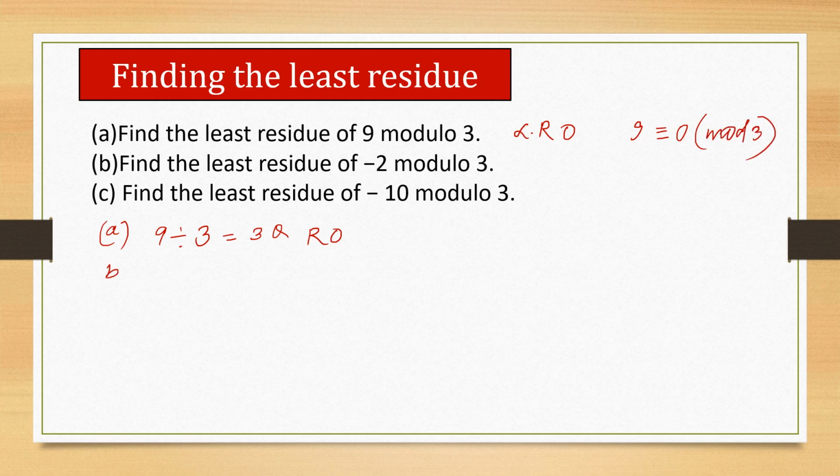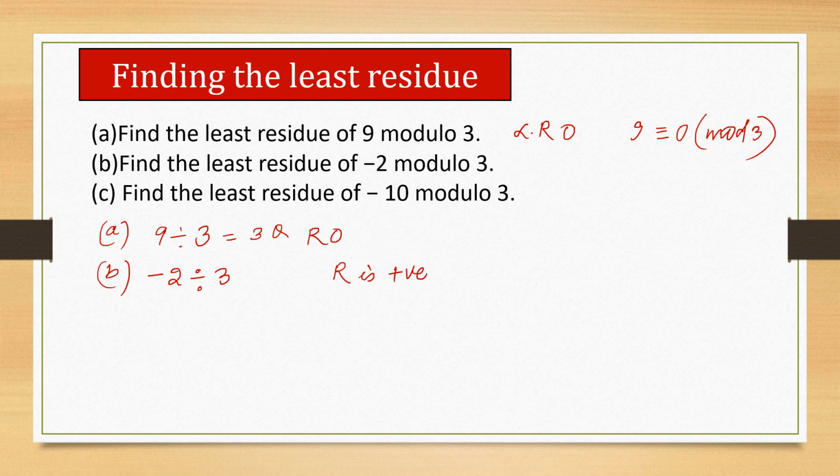Now part 2, it is -2, so it is a little bit confusing. Take care, because the remainder will not be negative. The residue should always be positive, so we have to make the residue positive.